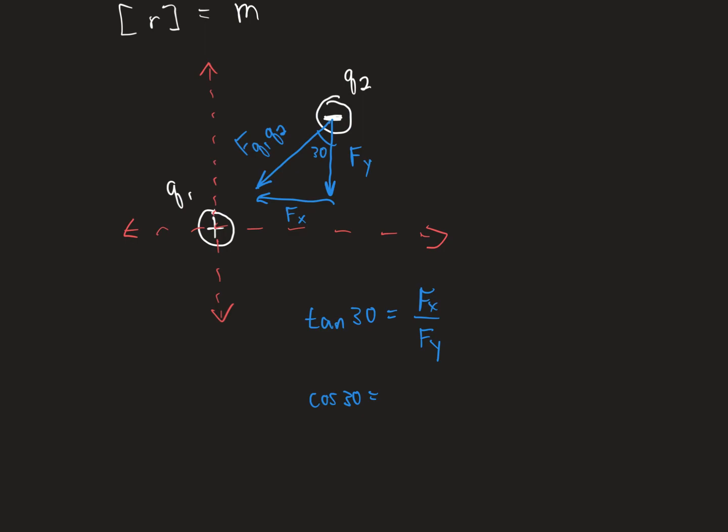I take the side that's adjacent to my angle, so which side is right next to my angle? That would be Fy, over the hypotenuse. What's the hypotenuse? The force between charge 1 and charge 2. So that's the structure we follow to solve problems when you have forces acting at angles. Any questions on any of this?